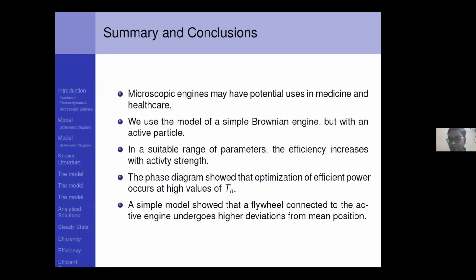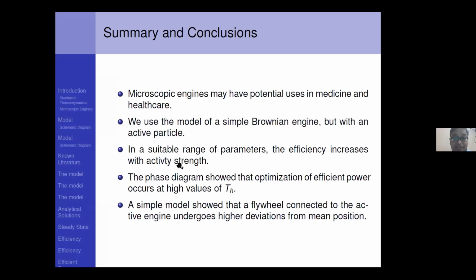Then I will summarize. We have seen that such engines may find uses in medicine and healthcare, and we consider an active particle which is trapped in some potential, and we cyclically vary this potential to generate the active engine.